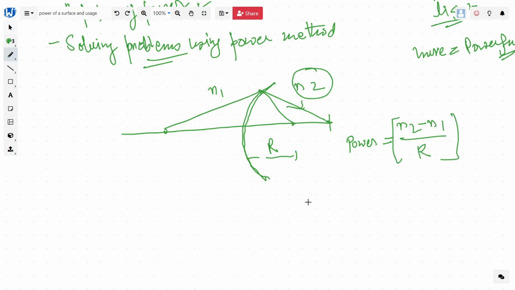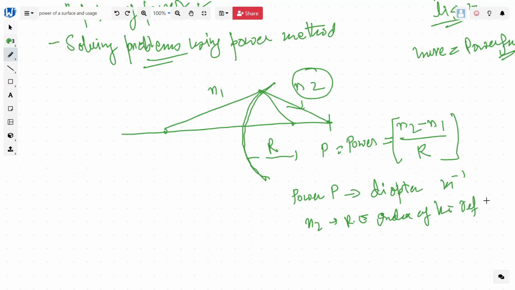Here power P is in diopters, which is m to the power minus 1, in meters. n2 is the refractive index of the refracting surface, and n1 is the refractive index in which this surface is.